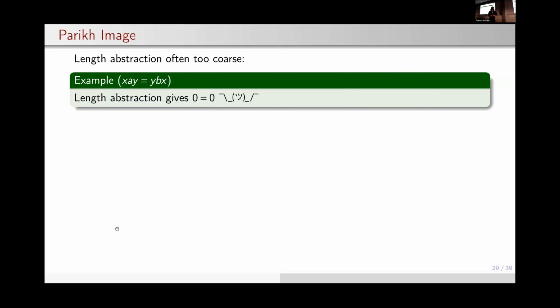Another rule is the so-called Parikh image, which is a generalization of length abstraction, where we just count the number of occurrences of a single character. So let's say we have a length abstraction of x a y is equal to y b x. Well, that doesn't help here. If we just take the length abstraction, it just says 0 is equal to 0. Not really interesting.